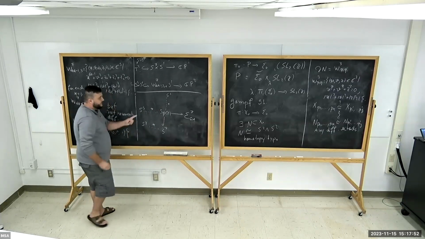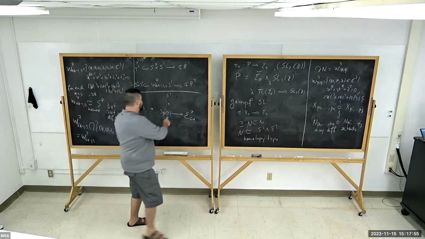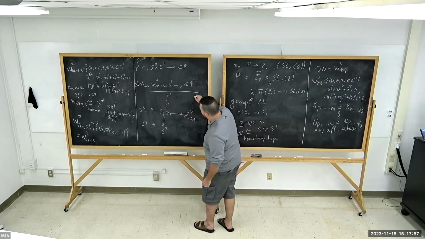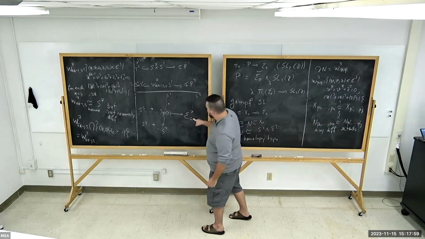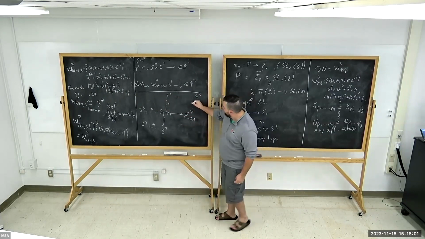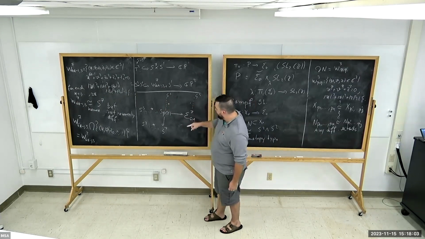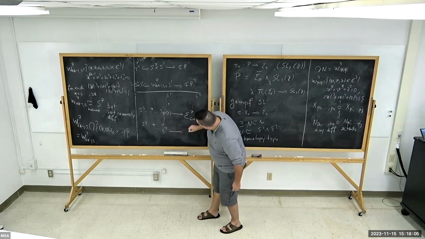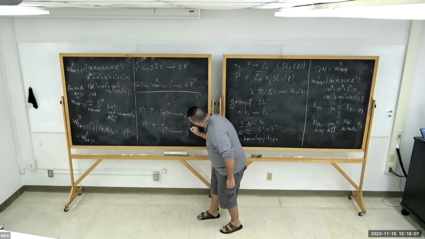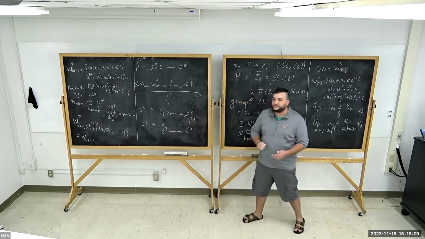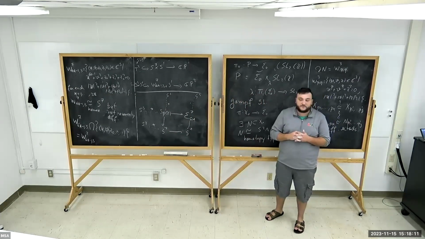And this is 7. And the bullet action descends to an action here. Okay? And I claim that they find the same quotient, that is an S4, but with orbifold structure.